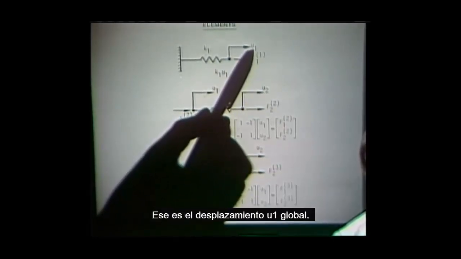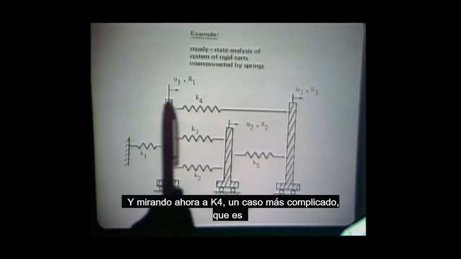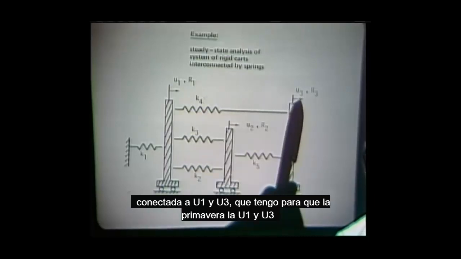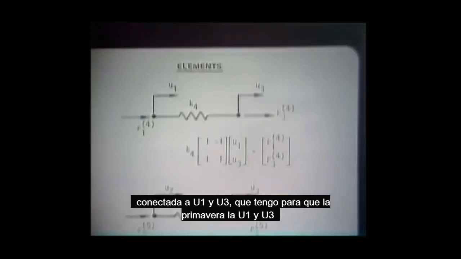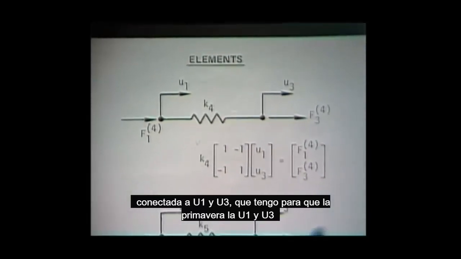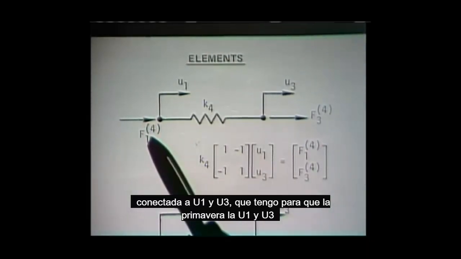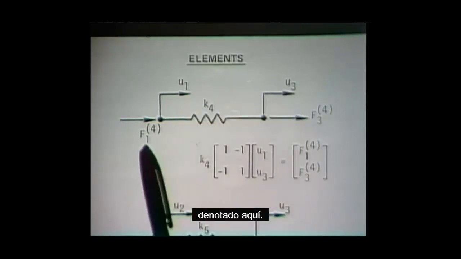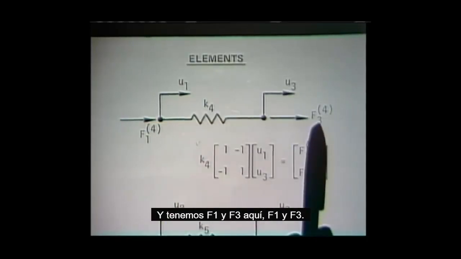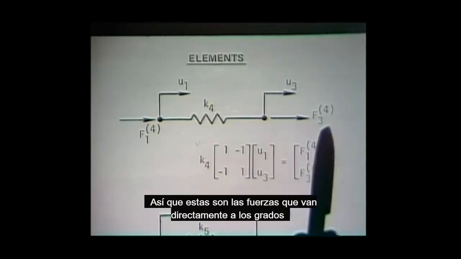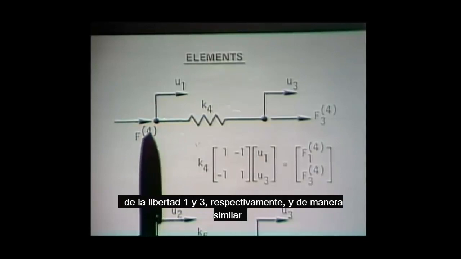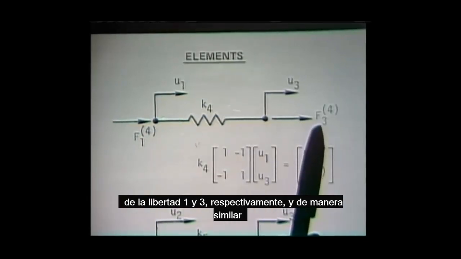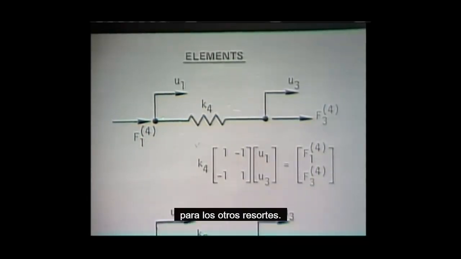That is the global displacement U1. And looking now at K4, a more complicated case, which is connected to U1 and U3, I have for that spring U1 and U3 denoted here, and we have F1 and F3 here. So these are the forces that go directly into the degrees of freedom 1 and 3 respectively. And similarly for the other springs.